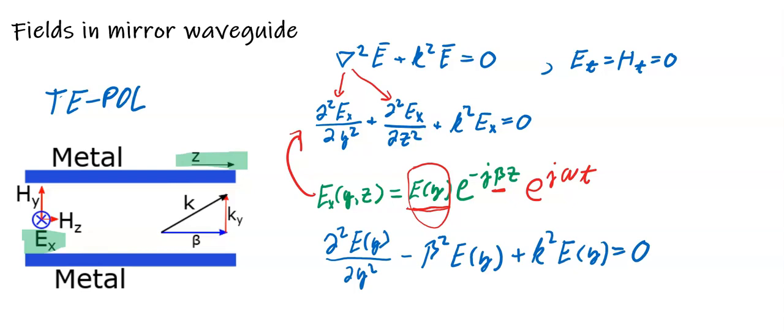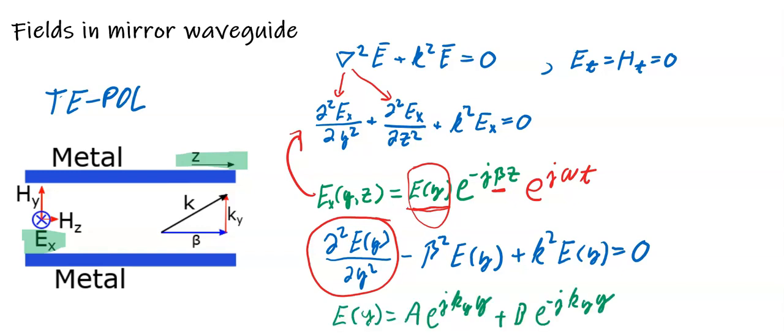this equation is the second order differential equation in y direction, and it has a general solution which can be written with the complex functions, but sine and cosine functions can also be applied. When we insert this equation into the differential equation, we can get the dispersion relation between the transverse and propagation wave numbers.